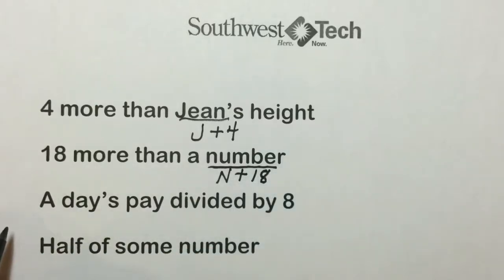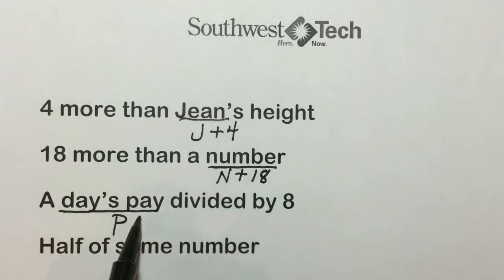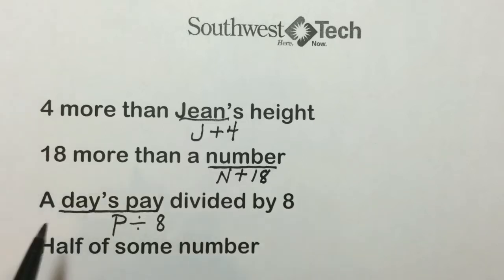The next one is a day's pay divided by 8. Day's pay is what the unknown is, so we can pick some variable to represent the unknown, divided by 8. Now with division and subtraction, order is important, and the order that we use is the order that the numbers come in.